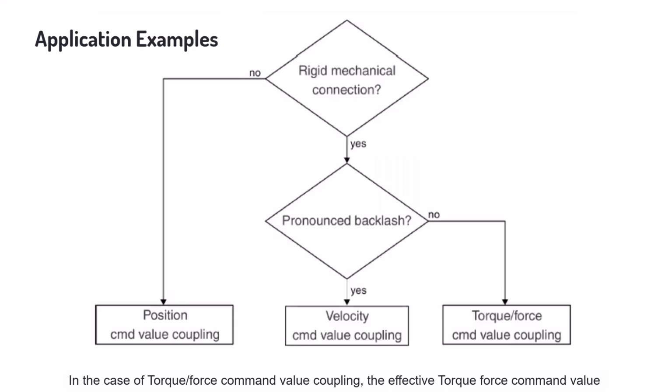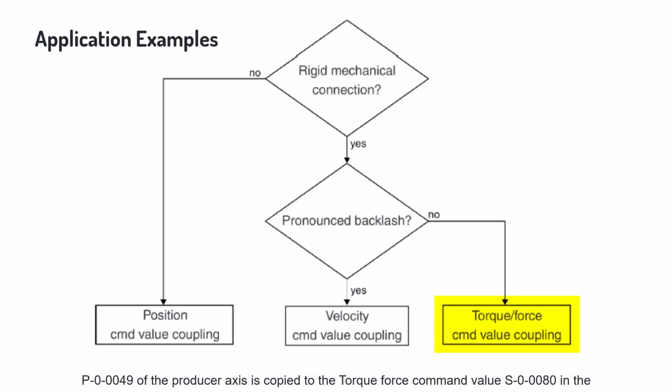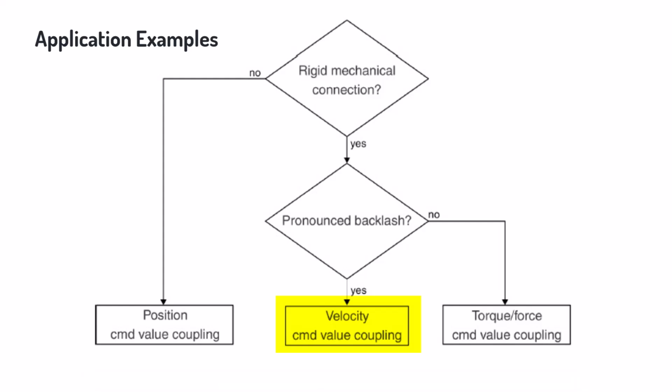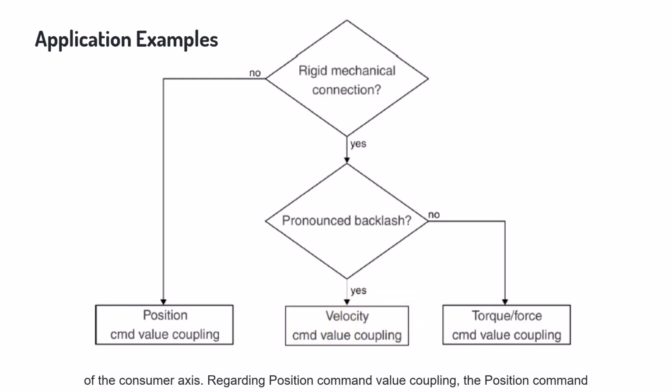In the case of torque-force command value coupling, the effective torque-force command value, P00049, of the producer axis is copied to the torque-force command value, S00080, in the consumer axis. For velocity command value coupling, the effective velocity command value, P00048 of the producer axis is copied to the velocity command value S00036 of the consumer axis.